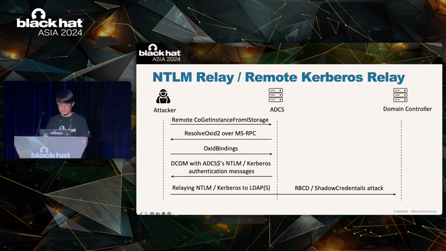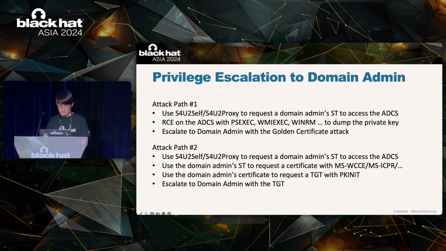Here's the complete overview of this attack. The final step is to escalate privileges to domain admin. It's easy to get domain privileges after resource-based delegation attack or shadow credentials attack. I gave two attack paths here.